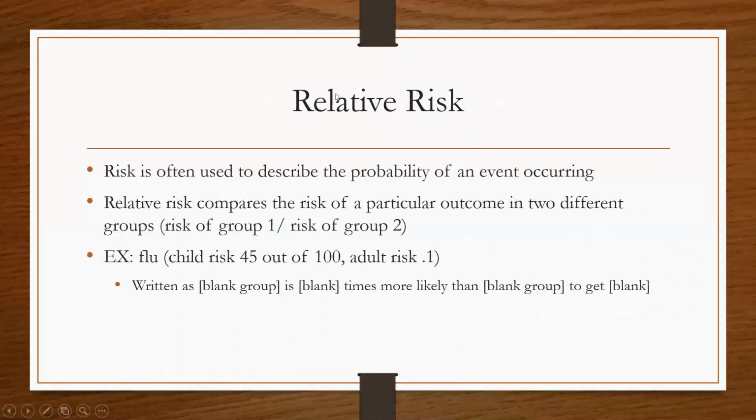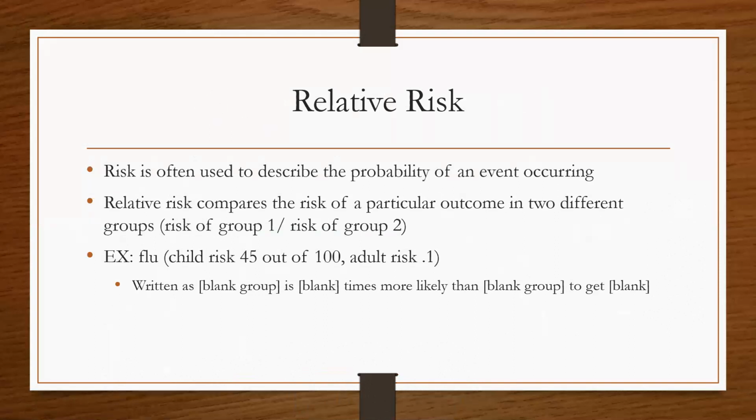All right, so relative risk. It compares the risk of one group to that of another. So, risk of group 1 divided by the risk of group 2. Going all the way back to when we talked about the flu.